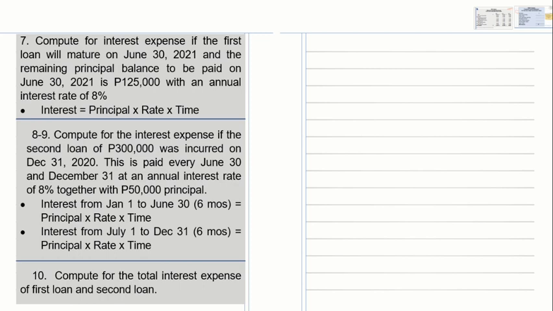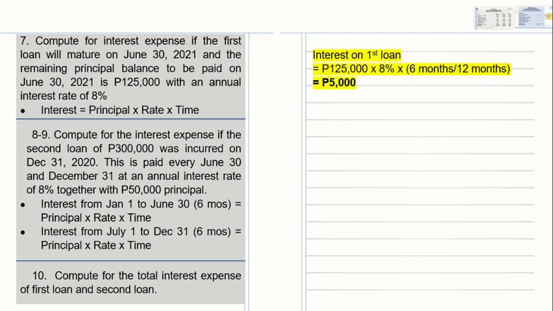So, naatay first loan which will mature on June 30, 2021. And the remaining principal balance to be paid on June 30, 2021 is 125,000 with an annual interest rate of 8%. So, natay principal of 125,000 times ang atong interest rate na 8%.